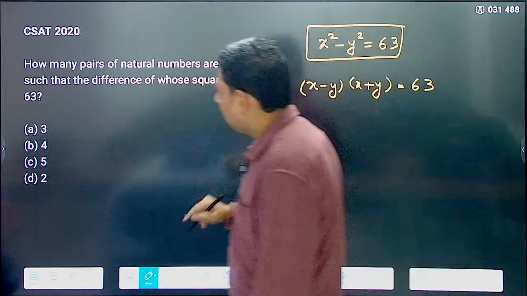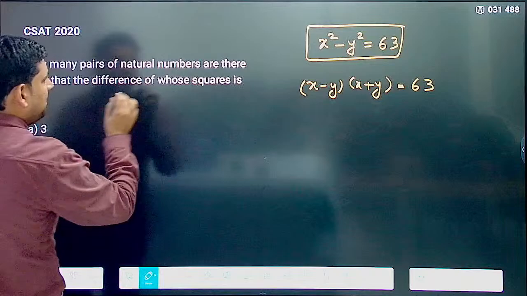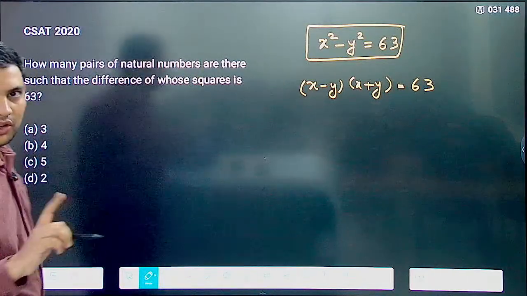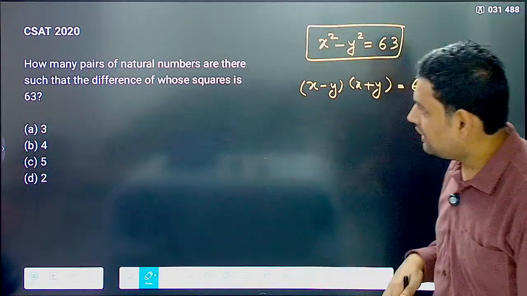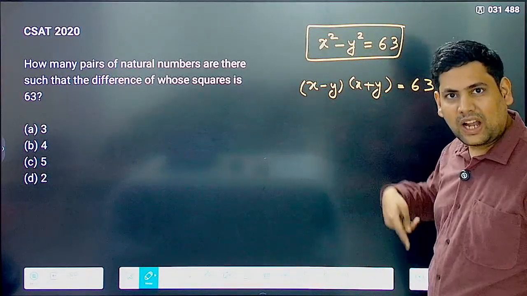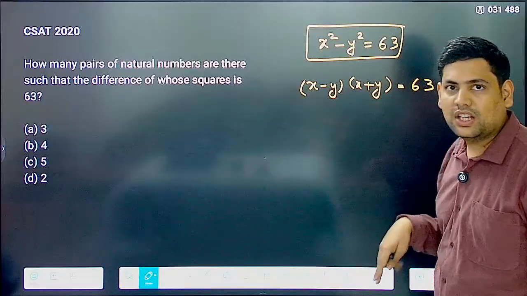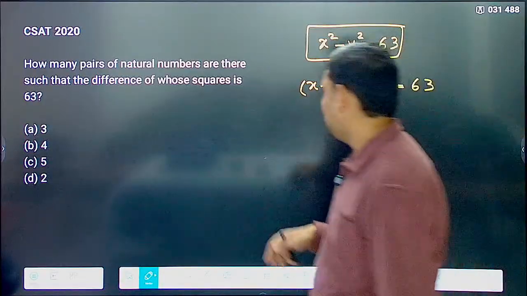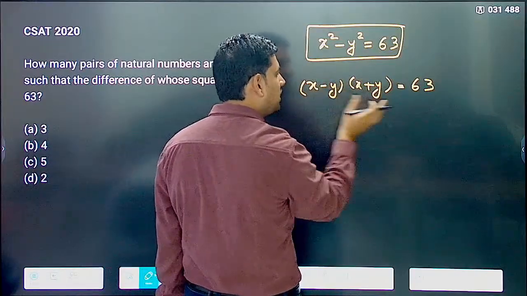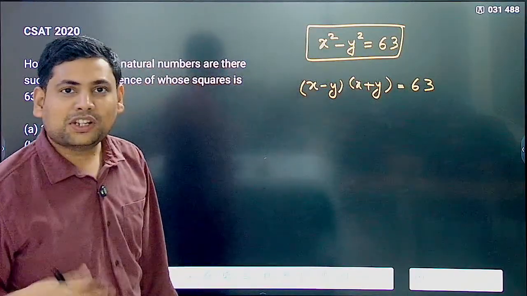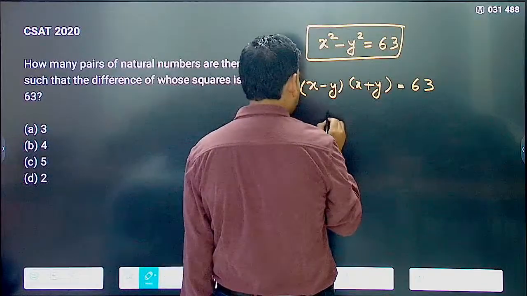Now, according to the question, how many pairs of natural numbers are there? So that means you are searching for natural numbers. In place of x and y, you will have natural numbers that can satisfy this. Now what are the possible ways? This is multiplication of two things giving you 63. What are the possibilities?